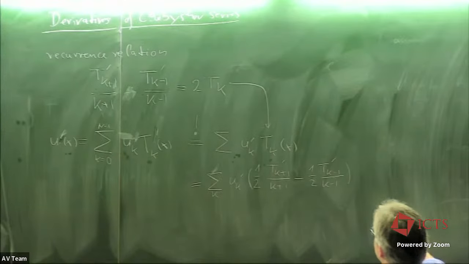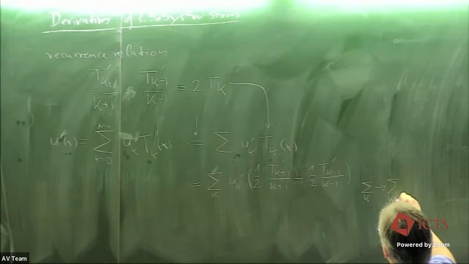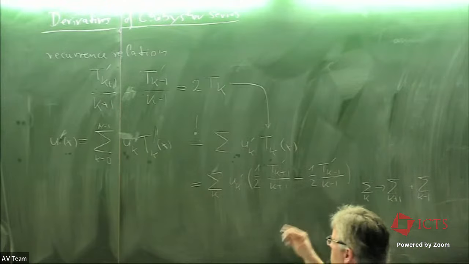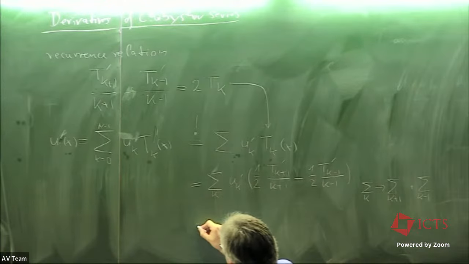And now let's change the sum. Sum over k goes into sum over k plus 1 and sum over k minus 1. It will become clear in a second.